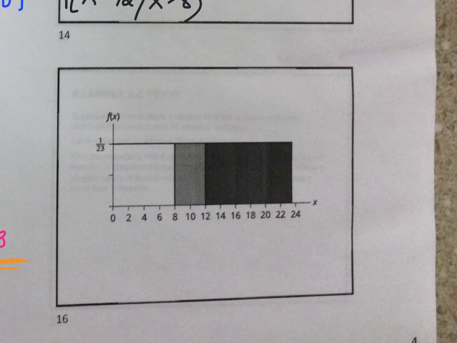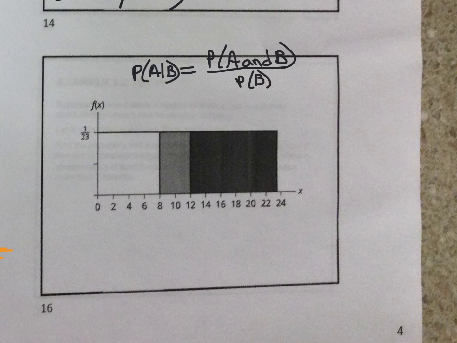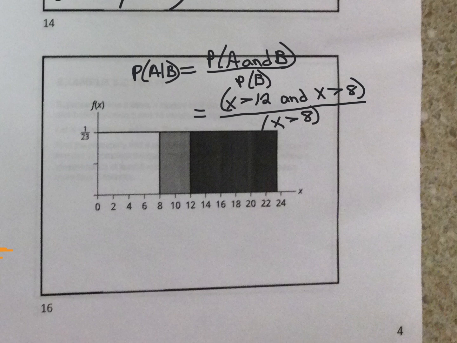We can also write it out like we had, the probability of A given B equals the probability of A and B all over the probability of B. So we would have the probability that X is greater than 12 and X is greater than 8, all over the probability that X is greater than 8.